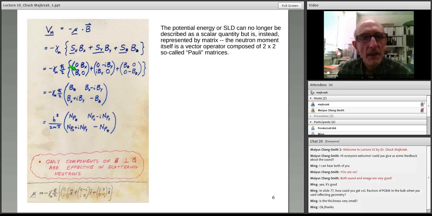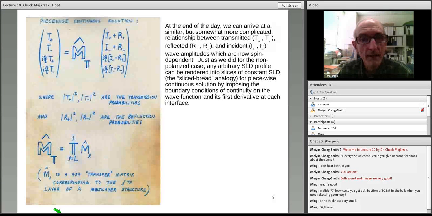So this complicated interaction is described by this operator dotted with the vector B field, which again can arise from an external field applied in the laboratory or from the atomic moment distribution in a solid. And it turns out that we have the same relationship between the transmission amplitudes, the reflection amplitudes, and the incident amplitudes, but now they have a subscript indicating what spin state they correspond to.